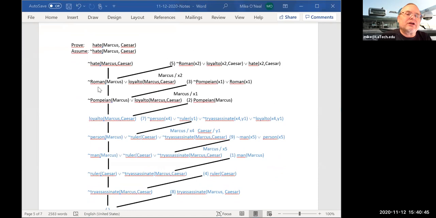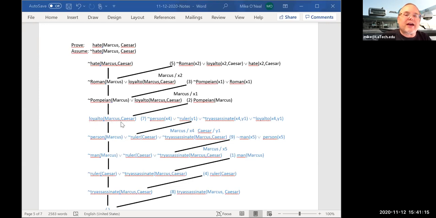So now either Marcus is not Roman or Marcus is loyal to Caesar, but we know that Pompeians are Roman, so the not Roman and the Roman cancel. So now either Marcus is not Pompeian or Marcus is loyal to Caesar. I know that Marcus is actually Pompeian from Rule 2. So now then Marcus is loyal to Caesar.